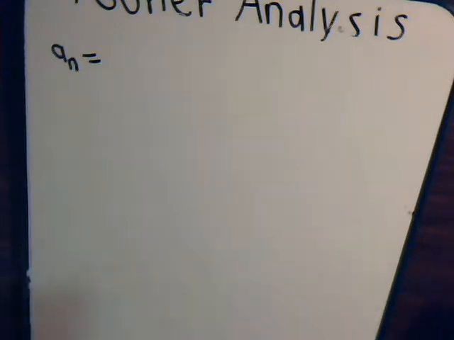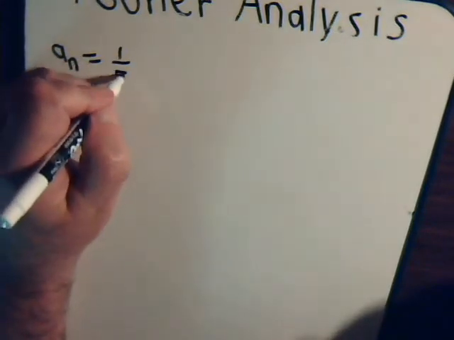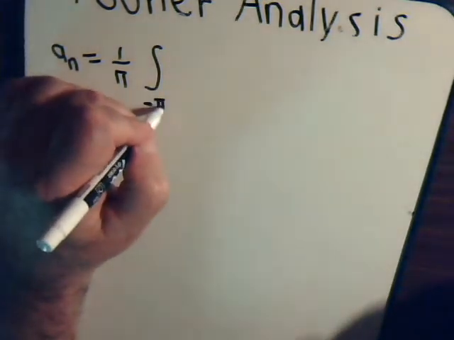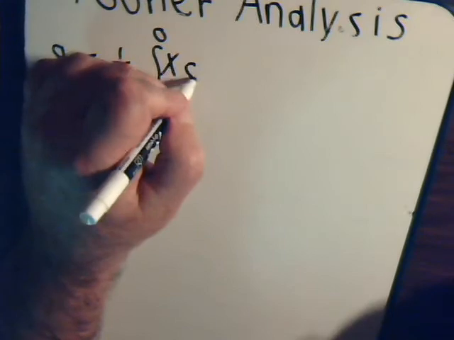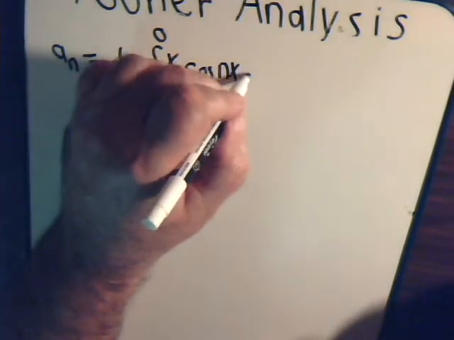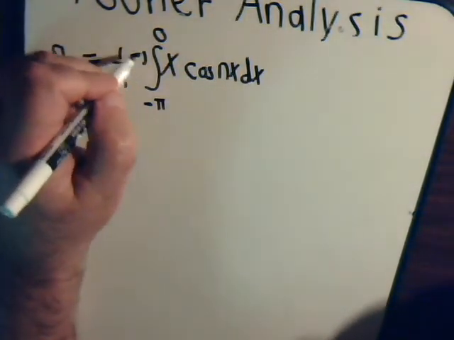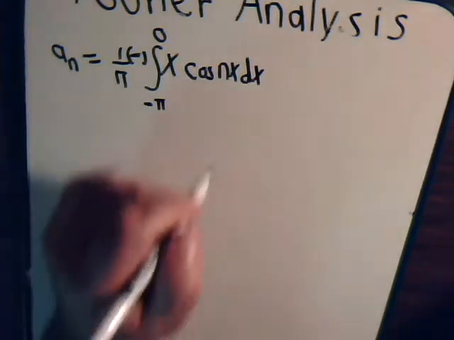So a sub n will equal 1 over pi. Now we're integrating from minus pi to 0 minus x times the cosine of nx. We'll put the minus sign out here. And again, this is the cosine of nx.